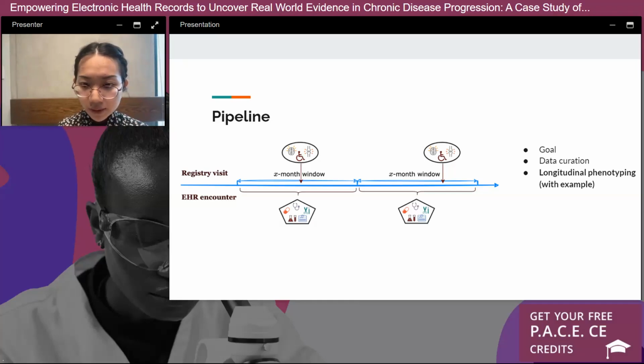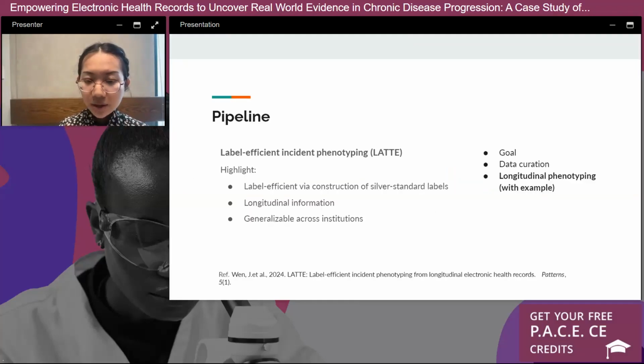Right. So here we wanted to introduce an algorithm called the label efficient incident phenotyping algorithm, or as we call it, LATTE. This particular algorithm was published in a journal earlier this year, so feel free to check out the paper. But we wanted to highlight three key advantages of this algorithm.